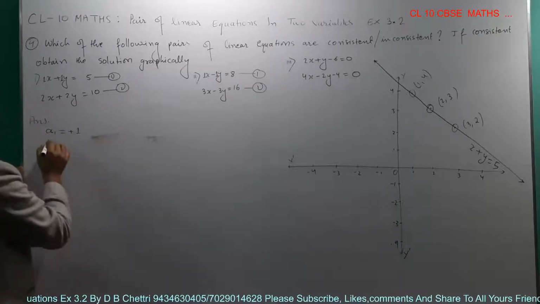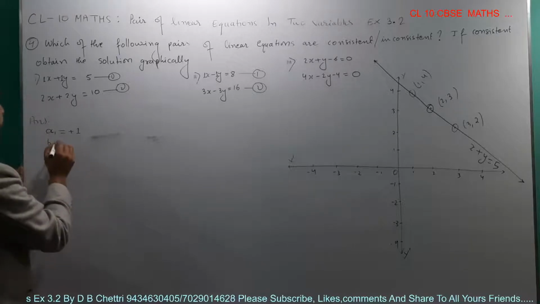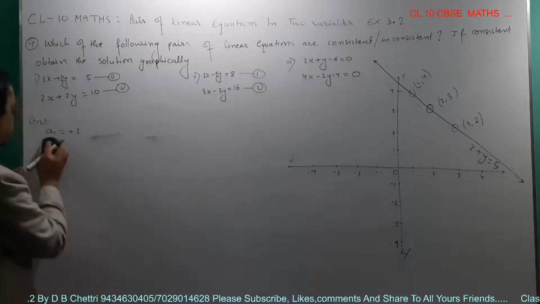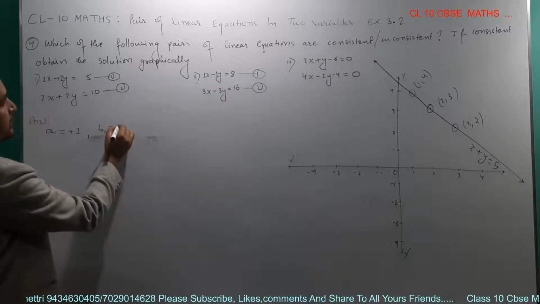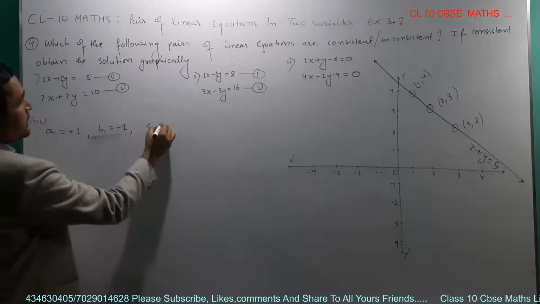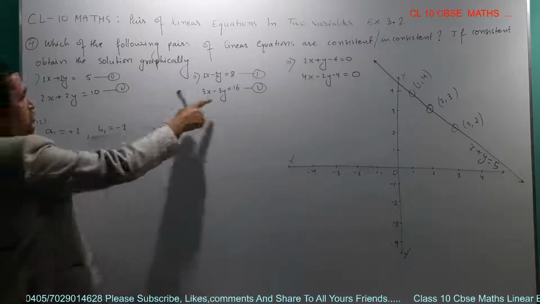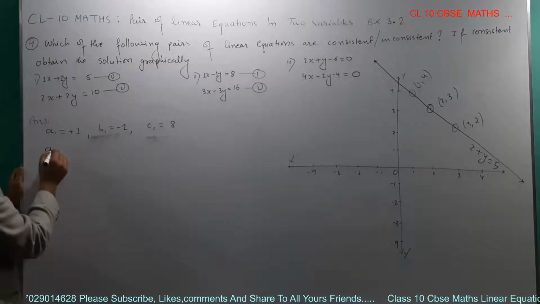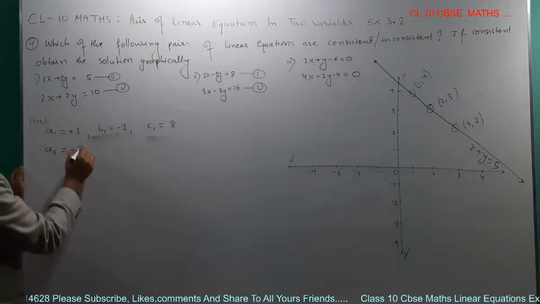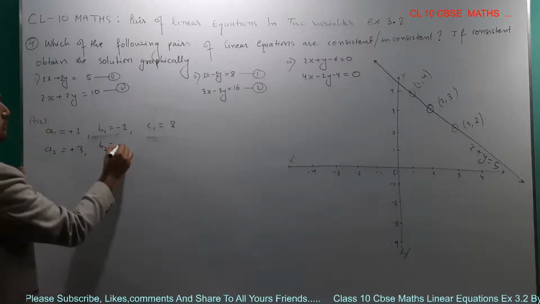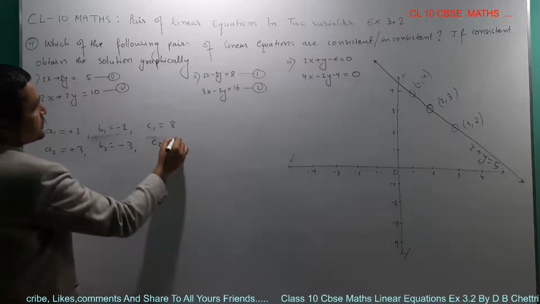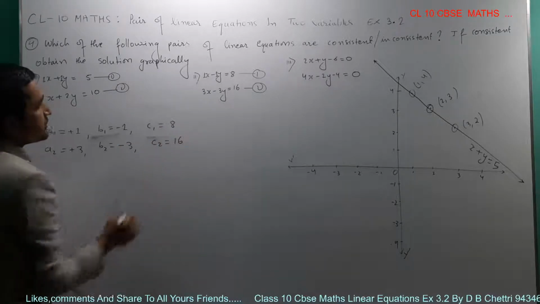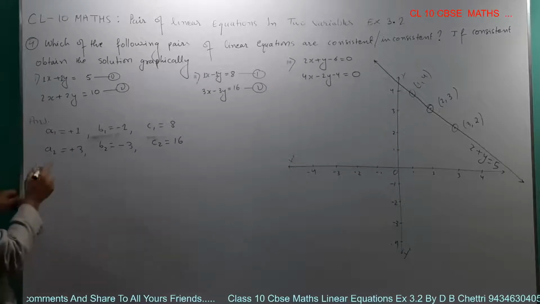Then b1 equals minus 1 and c1 equals 8. Now from equation 2, a2 equals plus 3, b2 equals minus 3, then c2 equals 16.